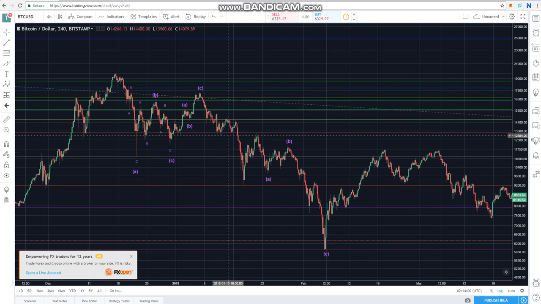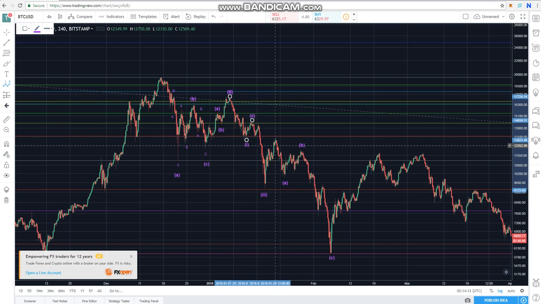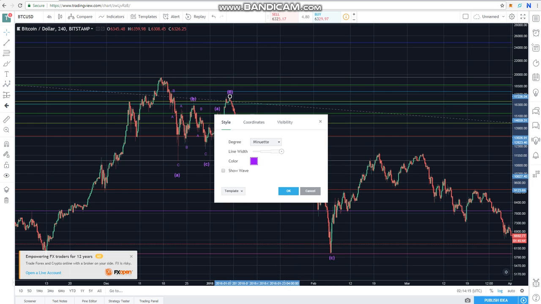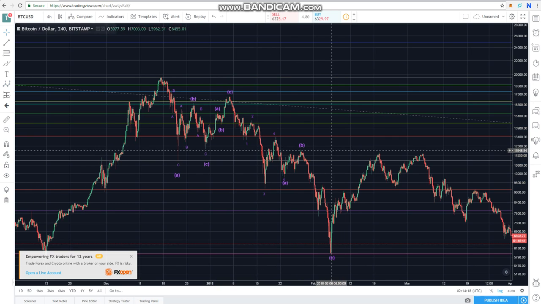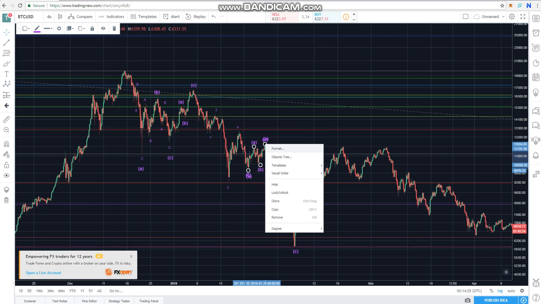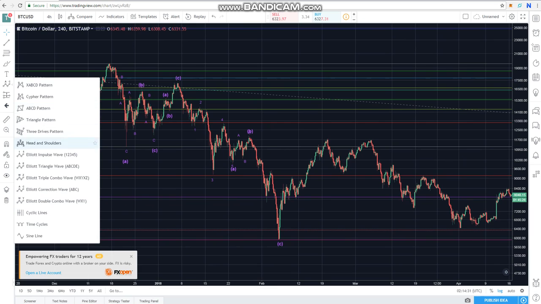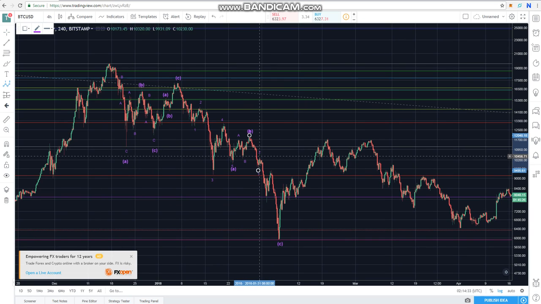And this sort of structure, I would personally count this as 1, 2, 3, 4, 5, 1, 2, 3, 4, 5. And this will be ABC, ABC. And this would be another 1, 2, 3, 4, 5 downwards, 1, 2, 3, 4, 5.